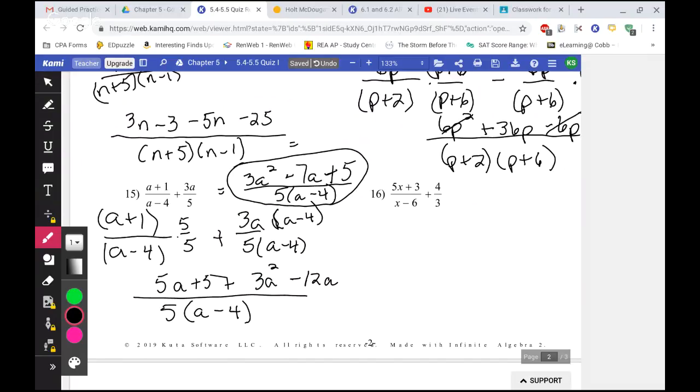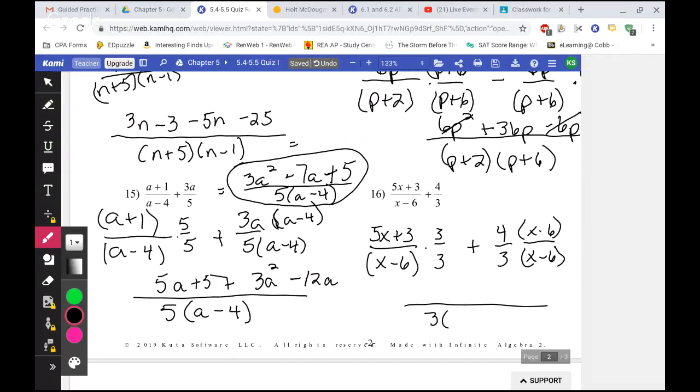And on number 16, I'm going to multiply the first one by a 3 at the top and the bottom. And then the second one, you'll multiply it by x minus 6 at the top and the bottom to get a common denominator.